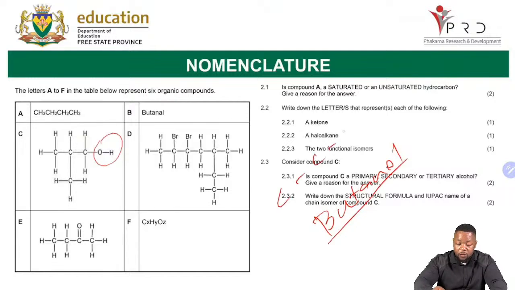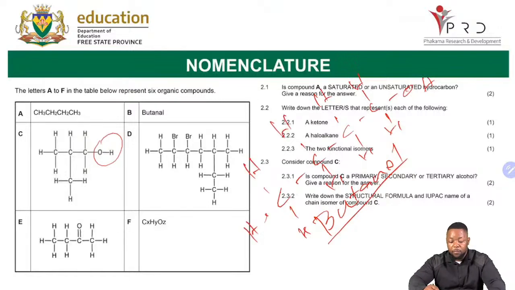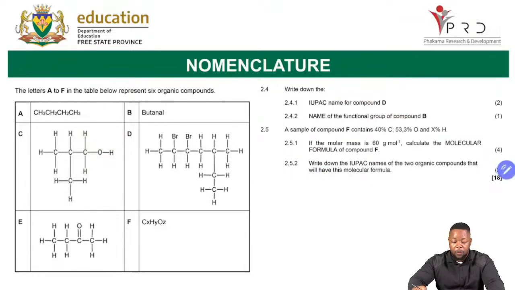It was 1, 2, 3, 4 with the OH, and the hydrogens are included there, so that each carbon has 4 bonds. Each carbon should have 4 bonds at all times. So number of carbons, 1, 2, 3, 4, and then the hydroxyl group there. Therefore, the name will be butanol.